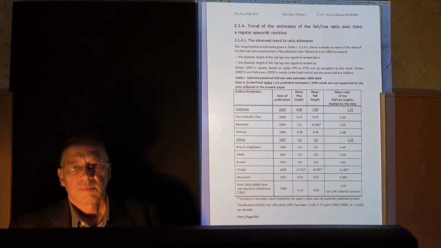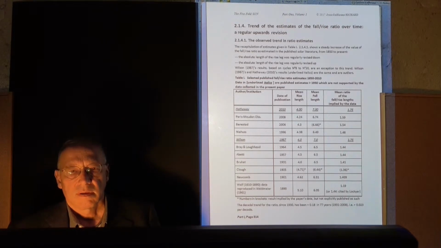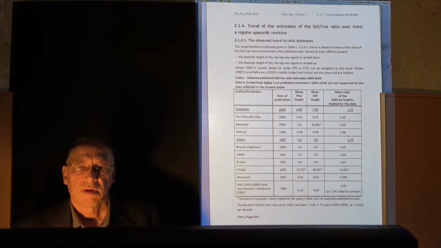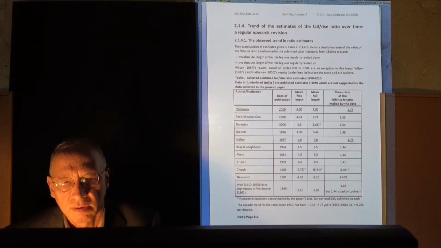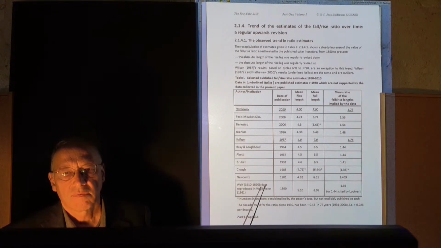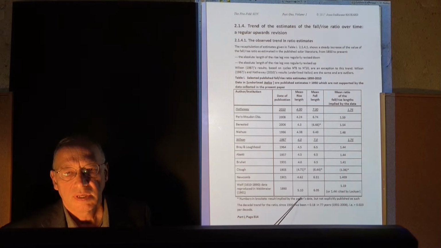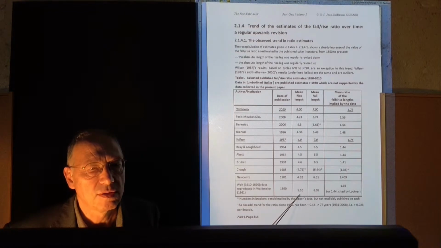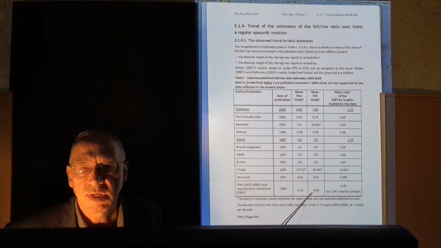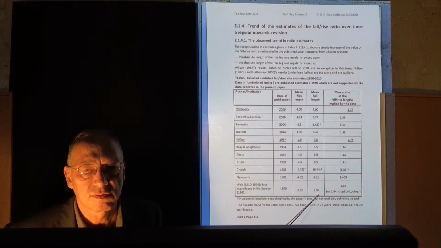This is a table of estimates of leg lengths for the solar cycle published in the literature since Wolf in 1890. Wolf in 1890 estimated the mean rise length as 5.1 years and estimated the mean fall length at 6.05 years.